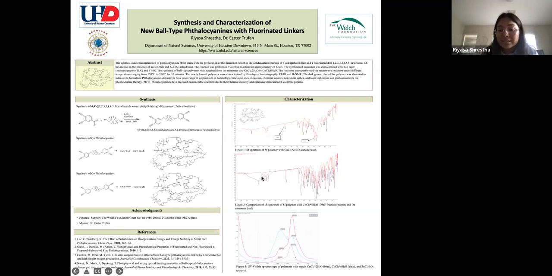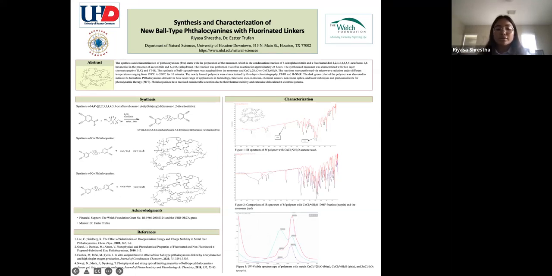But as we can see in the purple line, which is our ball type, there is a small monomer peak. It's not as intense, but there is still monomer in the ball type. So in order to purify this, we used TLC and separation, and then took the IR again. This is a repetitive process until we actually see the consumption of all the monomer.